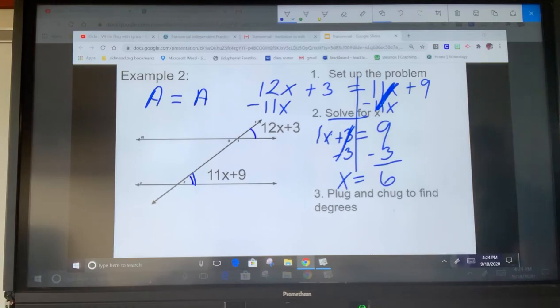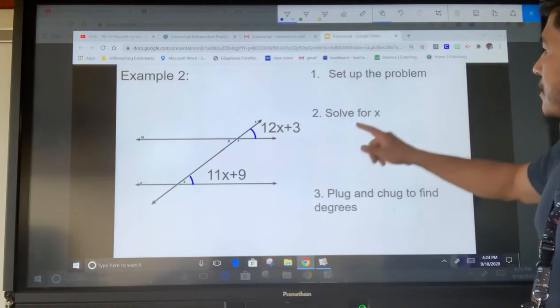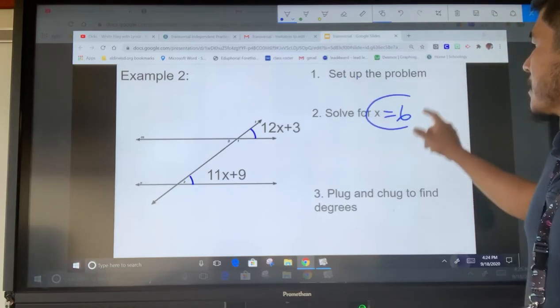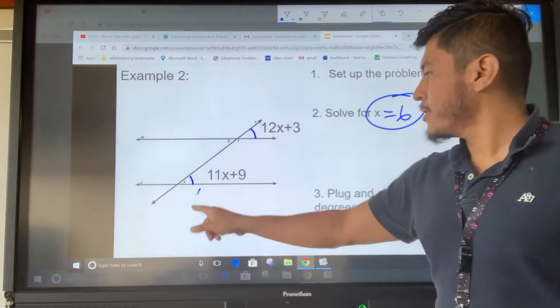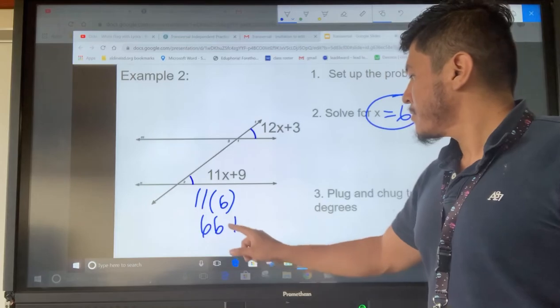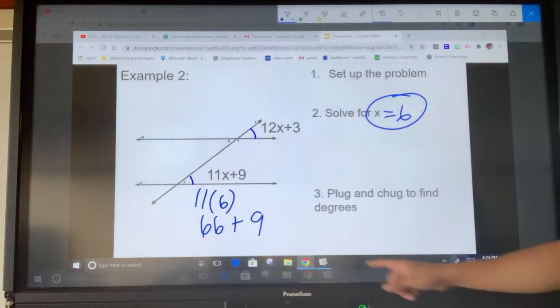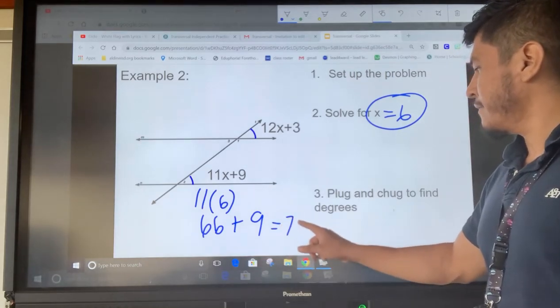Now we can check again. We can plug it in, x equals 6. Let's try here: 11 times 6 is 66, plus 9 gives us 75.